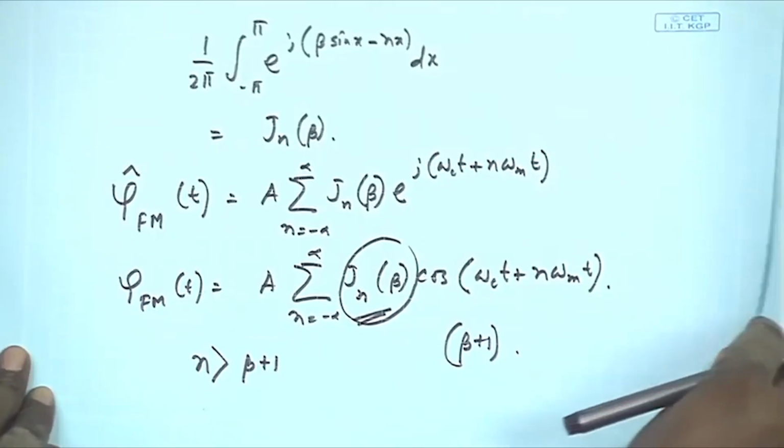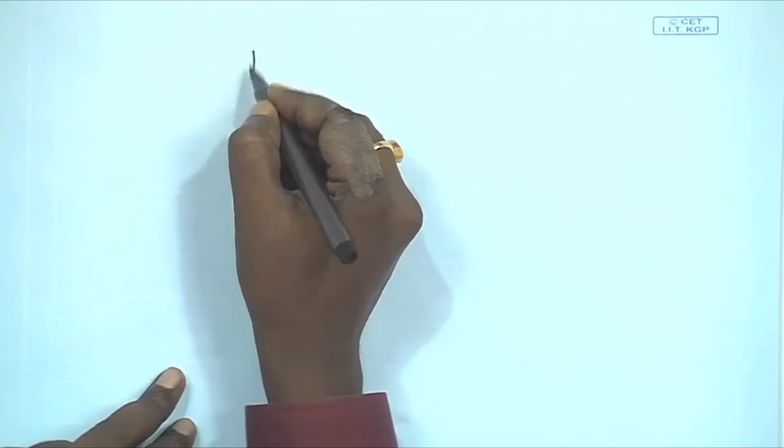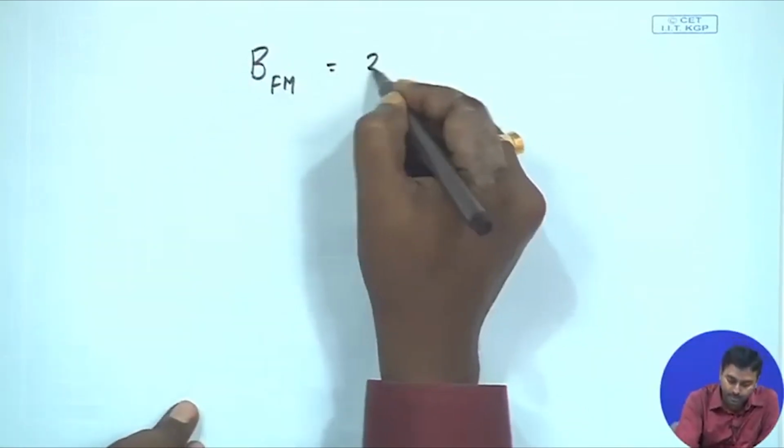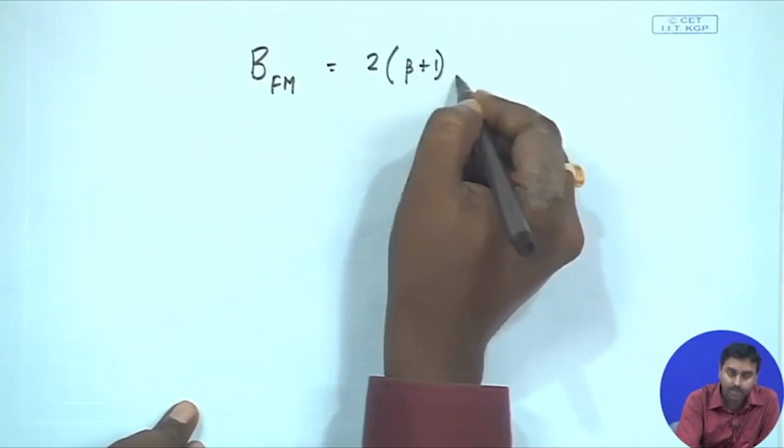So, basically what happens to my bandwidth? The overall bandwidth becomes, from ω_c, I take β plus 1 on this side and β plus 1 on this side, that must be the overall bandwidth. So, I can immediately write that my FM bandwidth for this tone modulation must be 2(β plus 1).